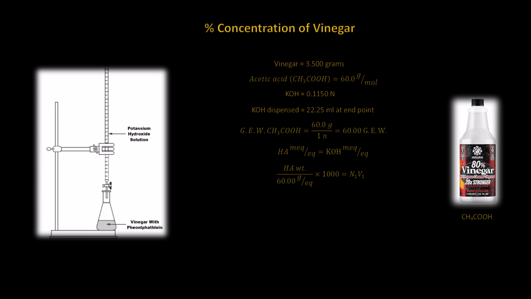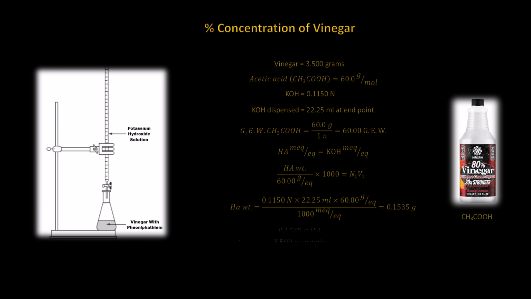Therefore, the 0.1150 normal potassium hydroxide multiplied by the 22.25 milliliters dispensed multiplied by the 60.00 grams equivalent weight of the acetic acid divided by the 1,000 milliequivalents per equivalent equals 0.1535 grams of acetic acid.